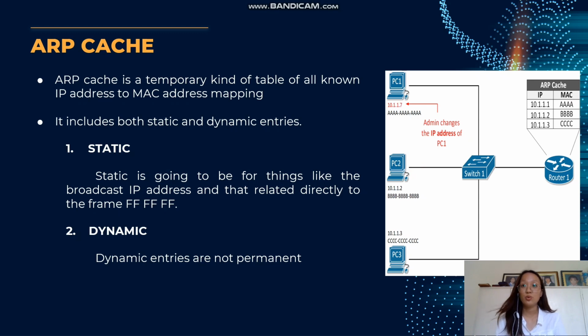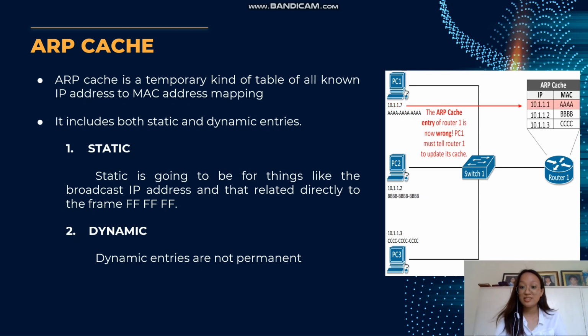The ARP cache includes both static and dynamic entries. Static is going to be for things like the broadcast IP address that relates directly to the frame FFFFFF, while dynamic entries are not permanent.